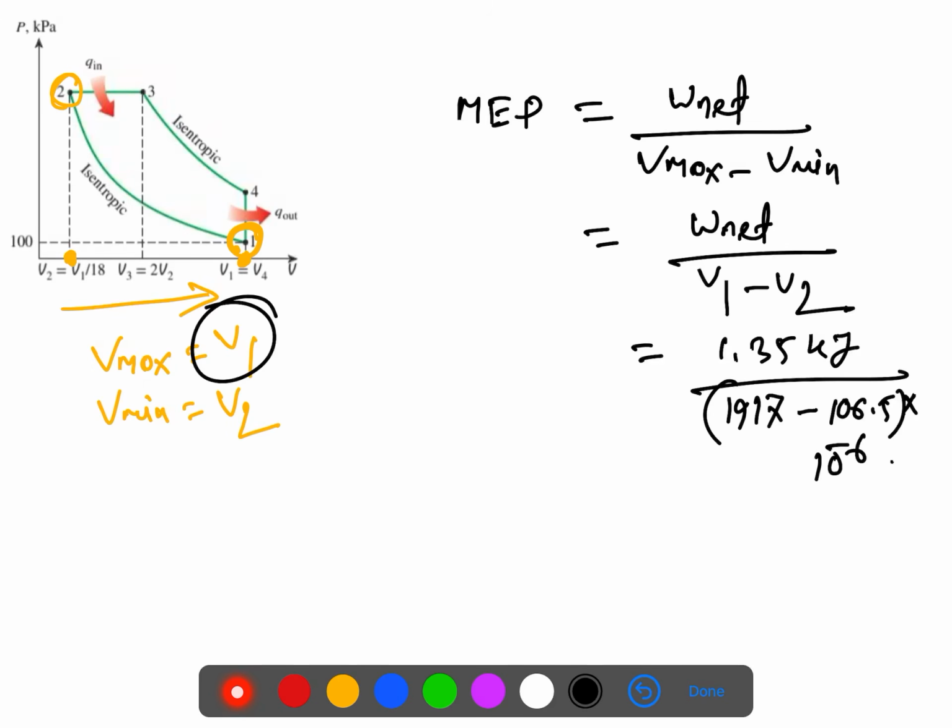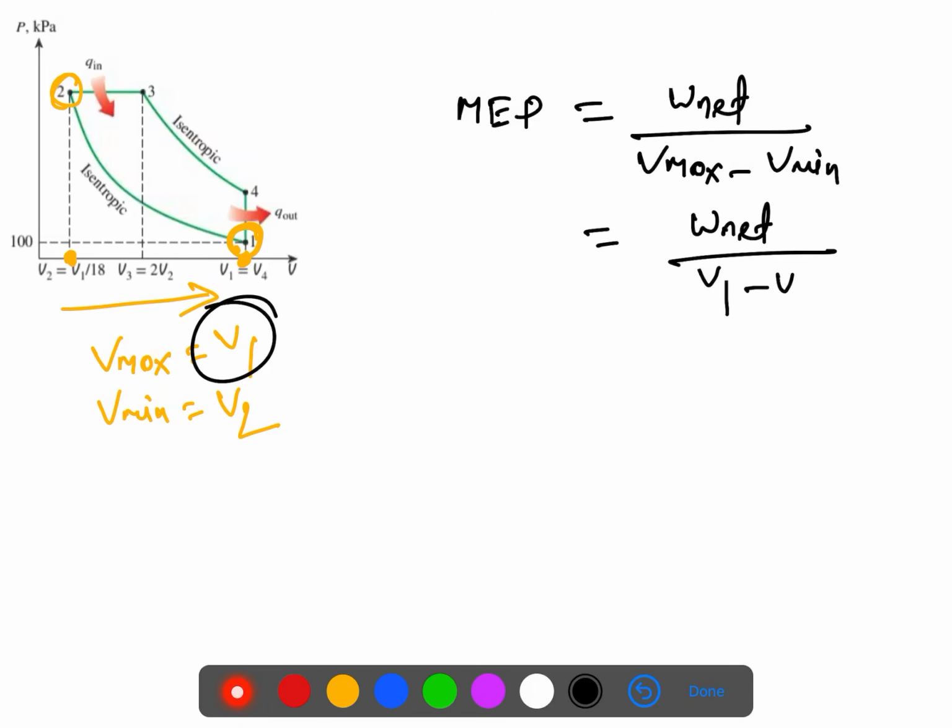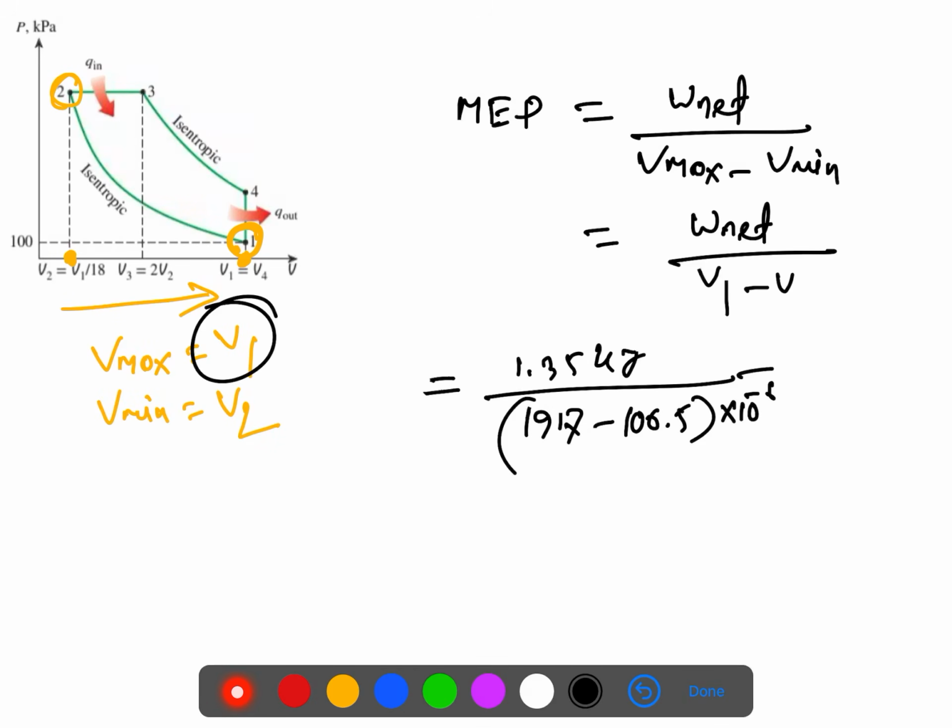Let me write it down this way, then you'll understand it clearly. So it is 1.35 kilojoule over 1917 minus 106.5 times 10 to the power minus 6 meter cube. We converted it into meter cube.